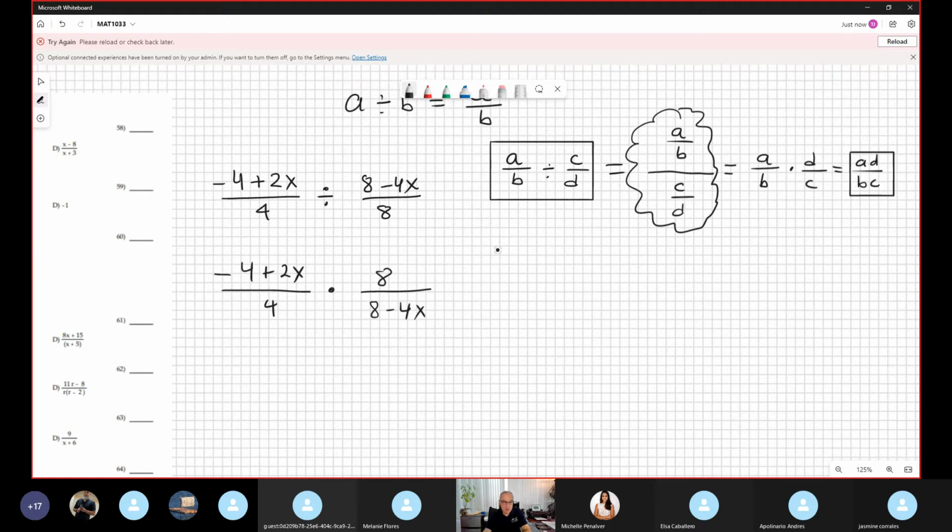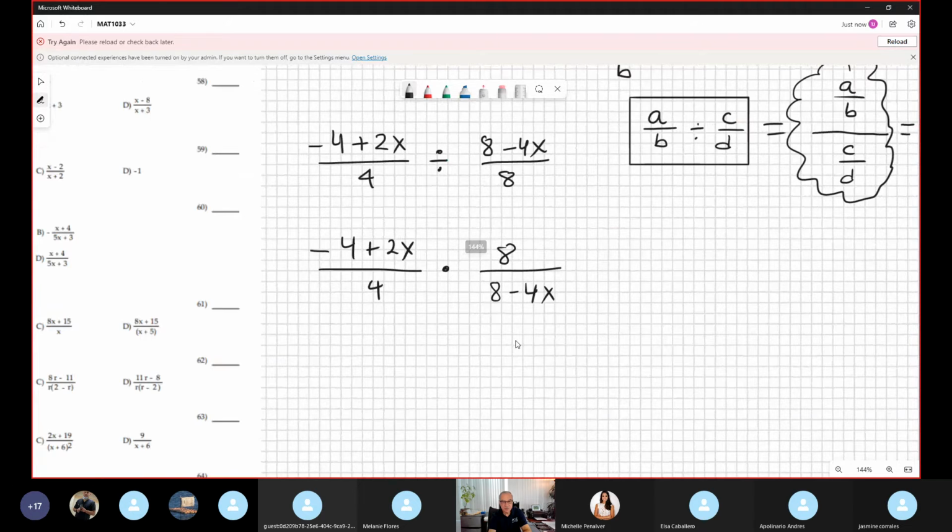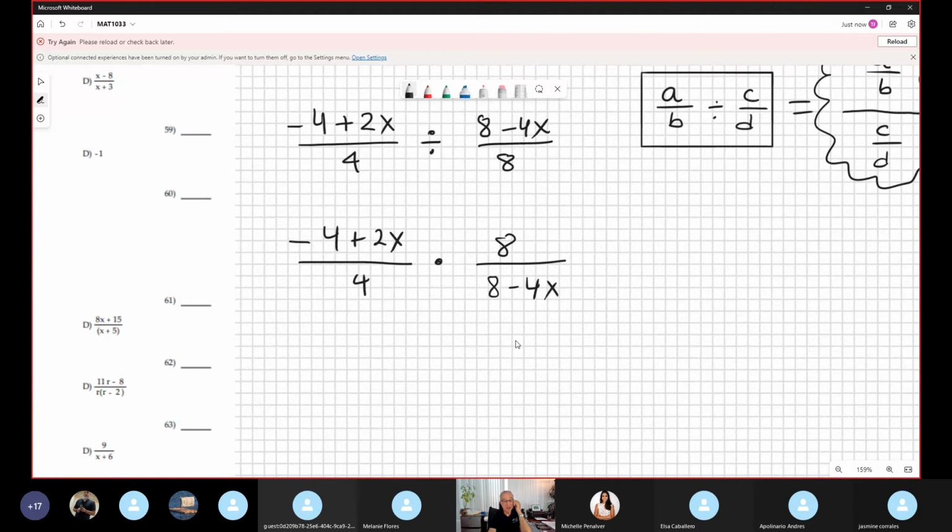So let's come back to this problem. Now in this problem, find the GCF. In this part, the GCF obviously is 2, no? 2 out.